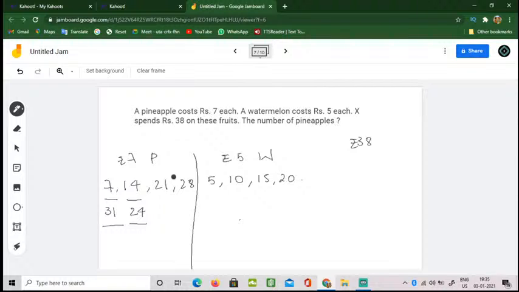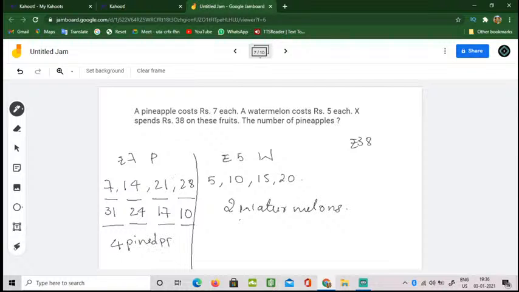He has 17 rupees left. Is 17 a multiple of 5? No, right? So he has some more money, that is 10. And here 10 is a multiple of 5. So he bought two watermelons and four pineapples.